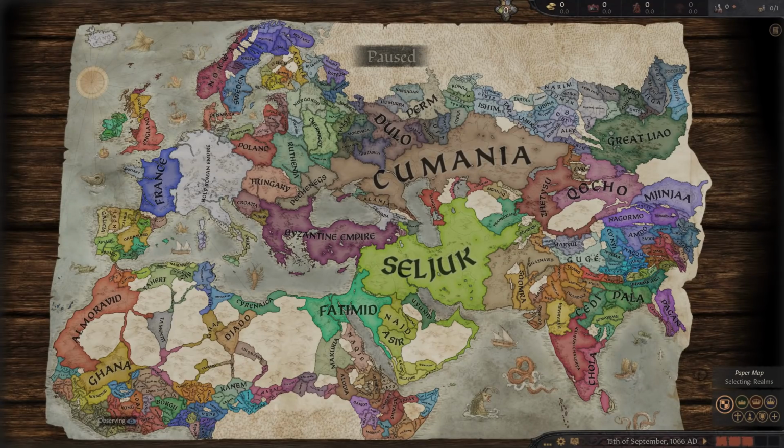Now, this is not special buildings. Yes, unique buildings are special buildings, but I'm looking specifically at unique buildings that also have a history behind them as to why they even exist. And we're going to go through that.